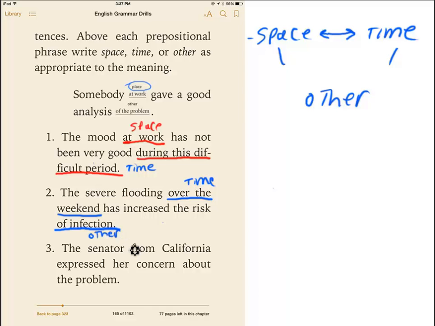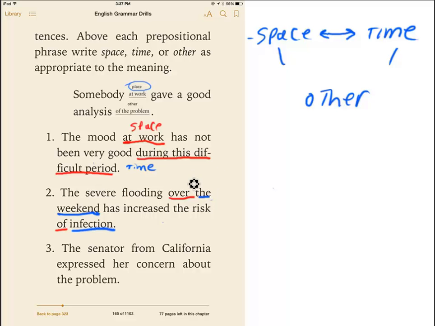Maybe I'll make this a little more clear and do the prepositions in a different color, the flag words, over and of, and then the object of the preposition, the weekend and infection. That tells you the flag words were over and of, and then the object of the preposition is there.